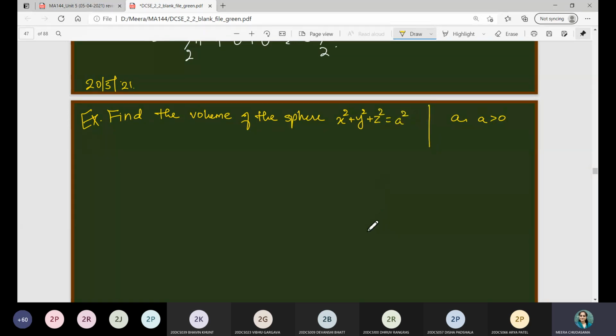Suppose this is the given sphere. What will be the volume of this particular sphere? Am I audible? Yes, ma'am. Okay.